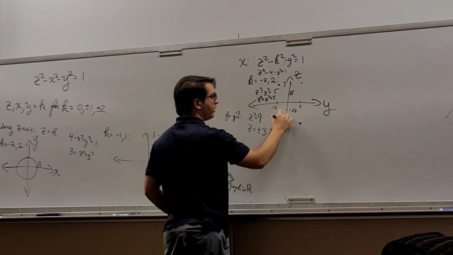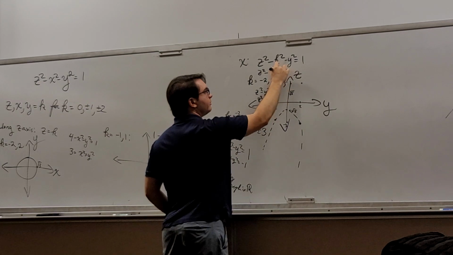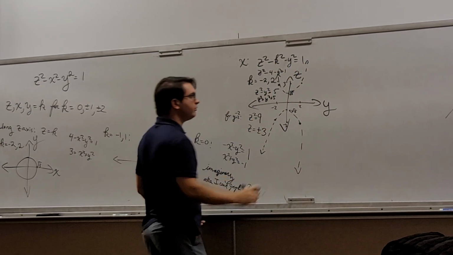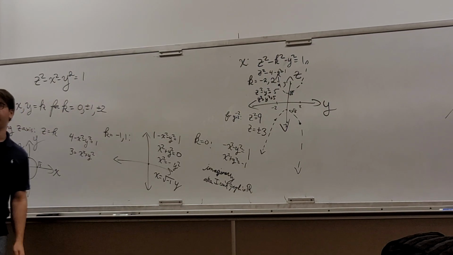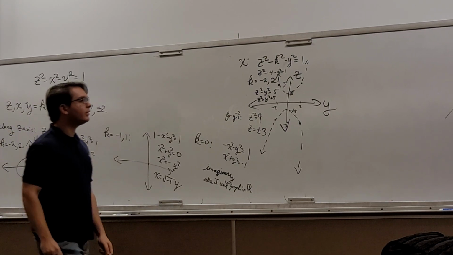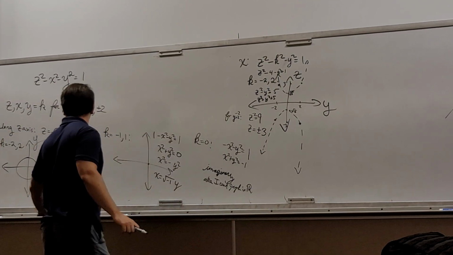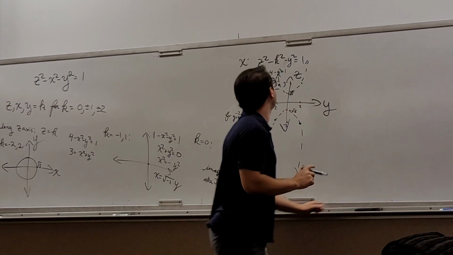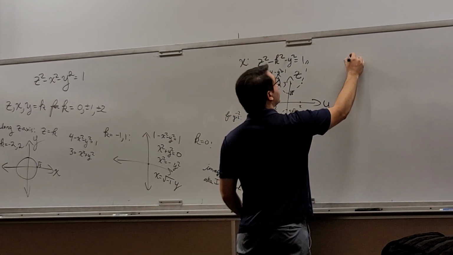So I can start to trace. And that intersection is the square root. Okay. So we did that. Now we can do the same for the next one.